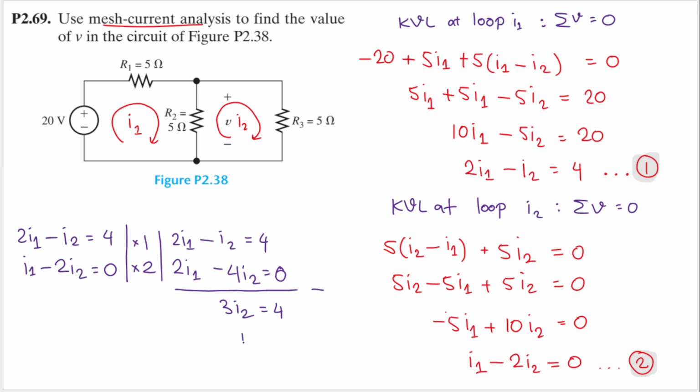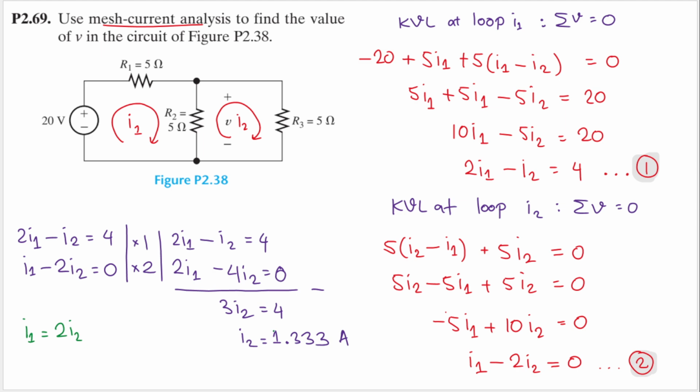So I2 is 4 divided by 3, or I will have 1.333 ampere, right? Okay, that is I2, and now let's calculate I1, because from this equation here, I1 is equal to 2I2.